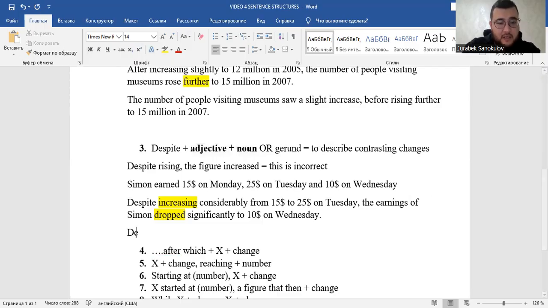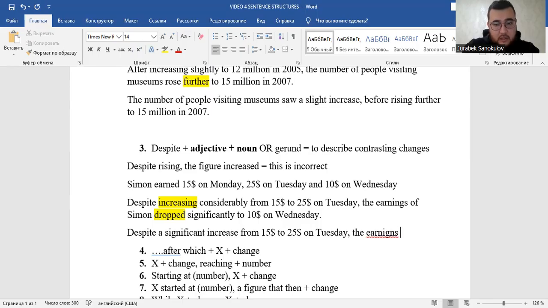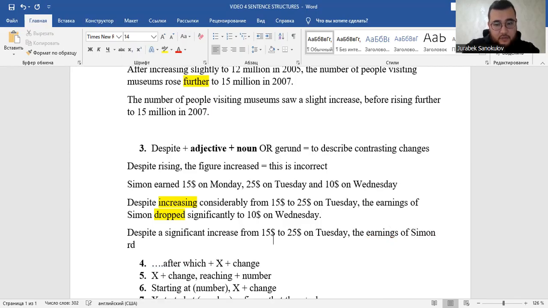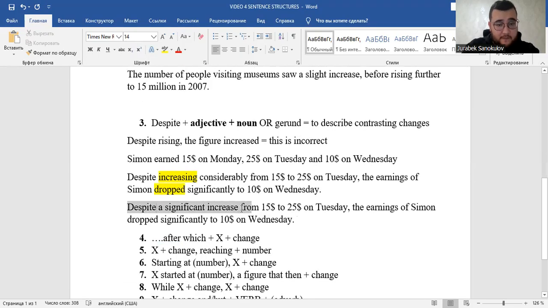So we can say this, despite a significant increase from $15 to $25 on Tuesday, the earnings of Simon dropped significantly to $10 on Wednesday.